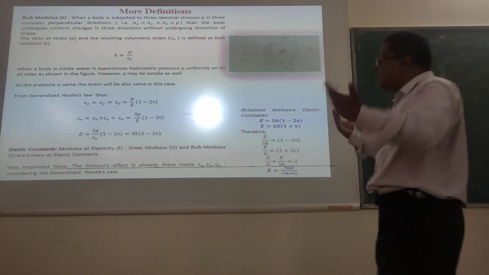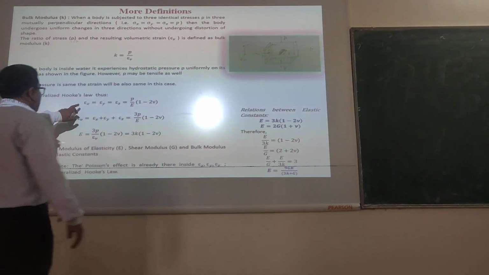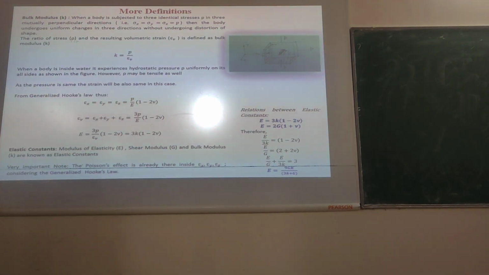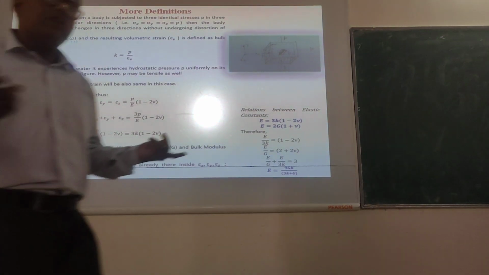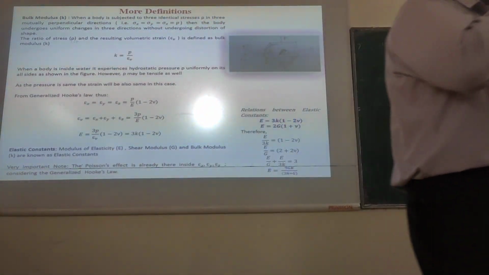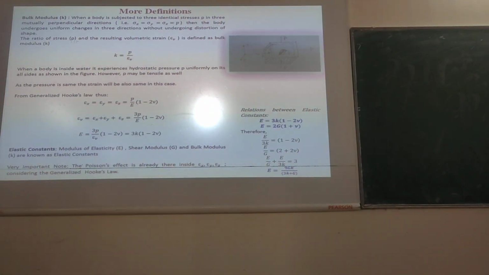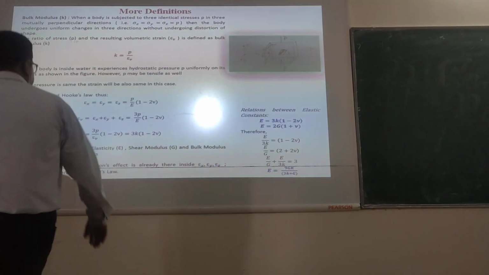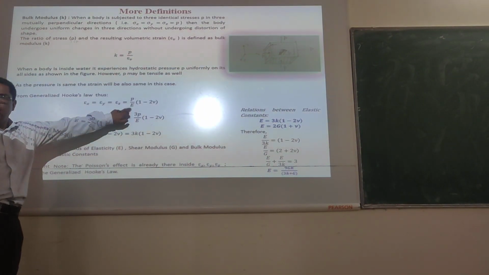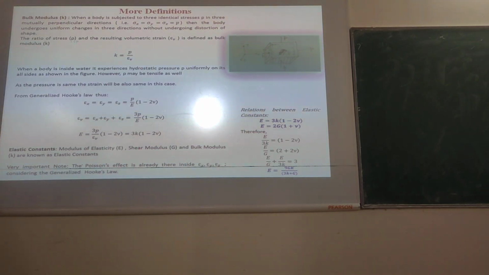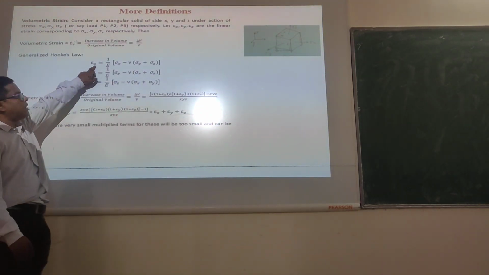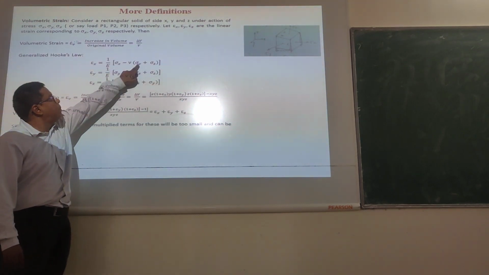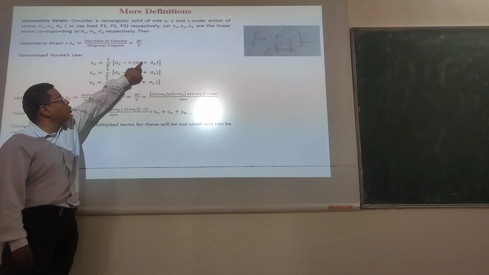We have said that epsilon x equal to epsilon y equal to epsilon z, because if p is acting equally, identically, in all directions, then epsilon x, epsilon y, epsilon z all will be equal, right? If I apply the generalized Hooke's law here, epsilon x will become 1 by E into p minus mu p plus p, so it will be 2p, minus 2p mu.